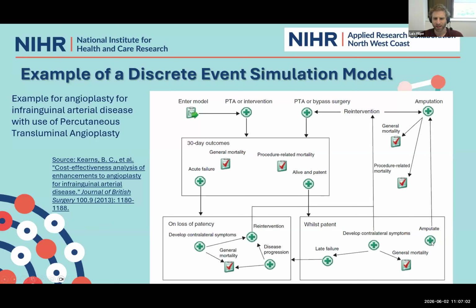If there are bottlenecks, resource allocation problems, imagine that for the reintervention as well, people need to enter some sort of queue, then you may want to go with the discrete event simulation. So again, you may find some of these in the paper that you are going to be analyzing. I just want you to know the names and know more or less how they work.